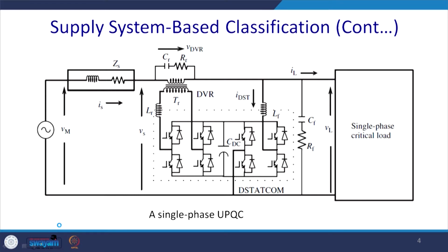So, ultimately you get a D STATCOM. Here mainly this capacitor is charged through this path, and if there is a sag, then it is required to inject the voltage, and this voltage is injected. So, power will generally flow from this side, and if there is a swell, it will take out the power and this capacitor voltage will swell ultimately.